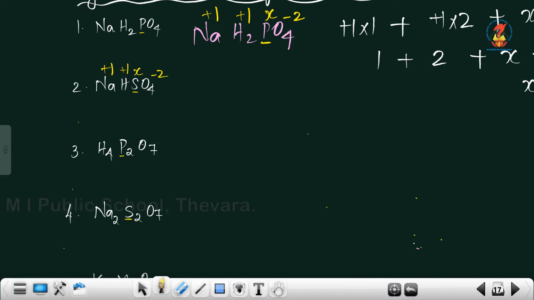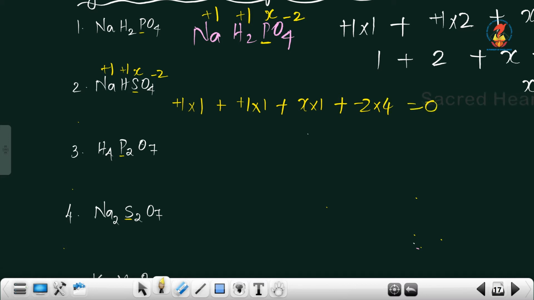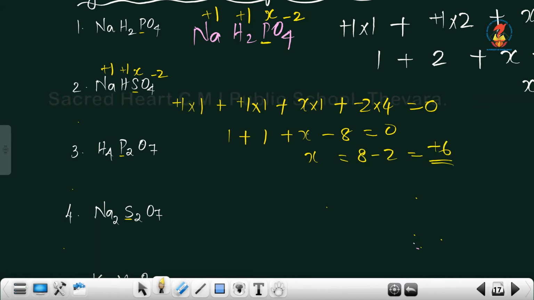So we can write it as +1 into 1, we have only one sodium, plus hydrogen also we have only one, so +1 into 1 plus X into 1 plus -2 into 4 should be equal to 0. That means 1 plus X minus 8 equal to 0. So X equal to 8 minus 2, that is equal to +6. So here the oxidation state of sulfur, what we are getting is +6.